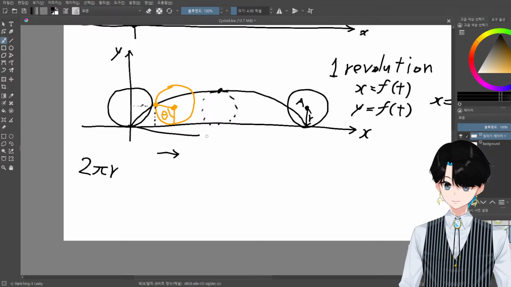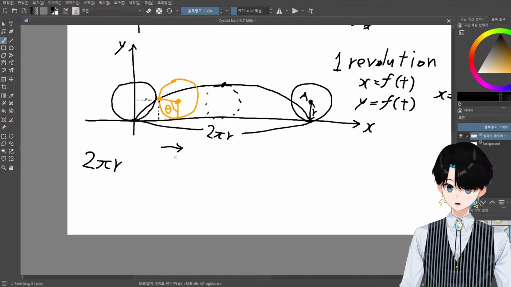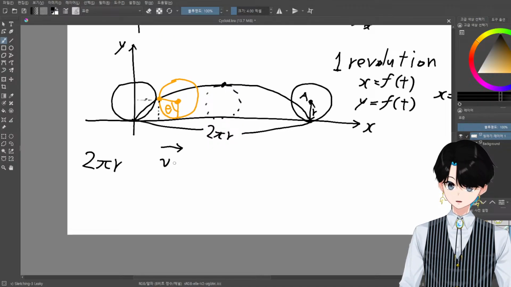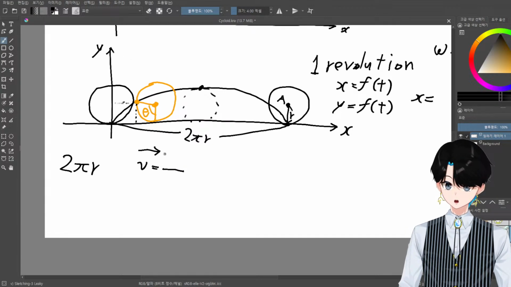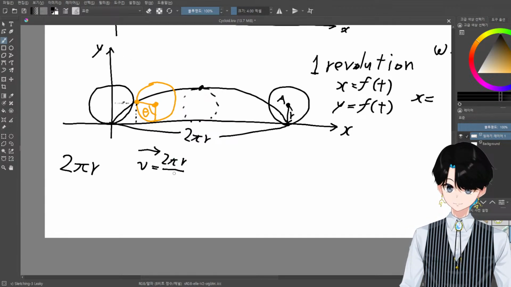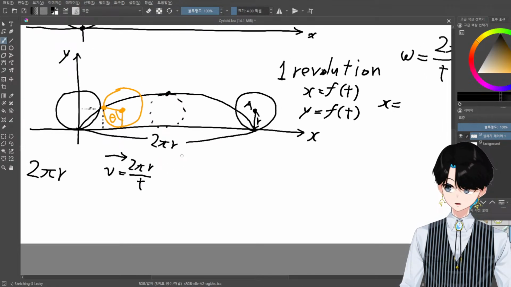Solutions times 2 pi. Okay, this is 2 pi r. The velocity is e. Yeah, okay.